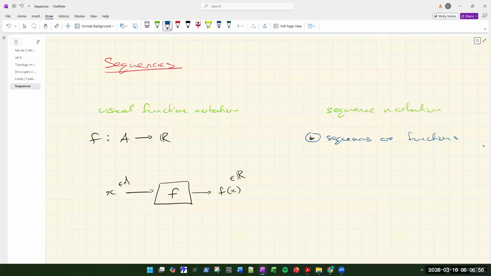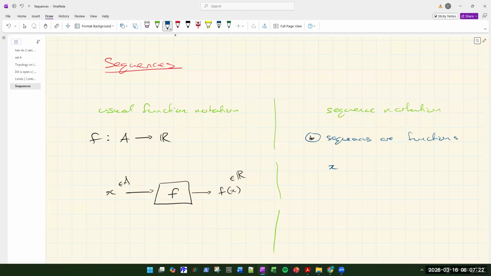The name of the function for a sequence, I'm going to name that function x. Now, right away, this might be a bit confusing because in the usual function notation, x was the input and f was the name. Now, for a sequence, x is the name.